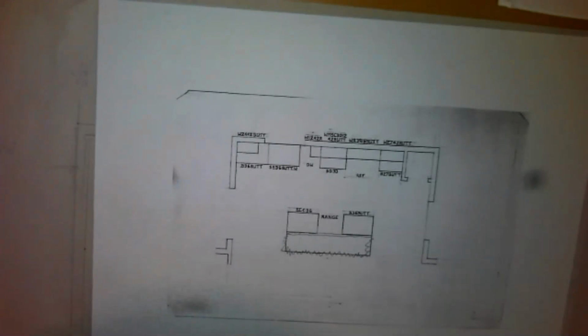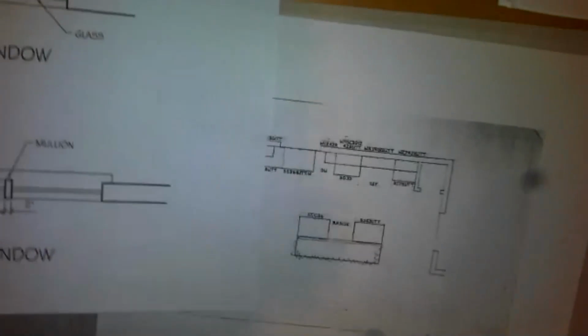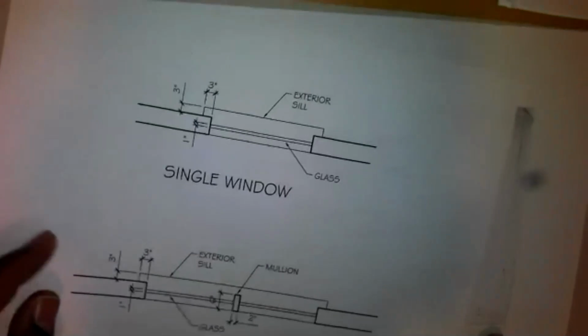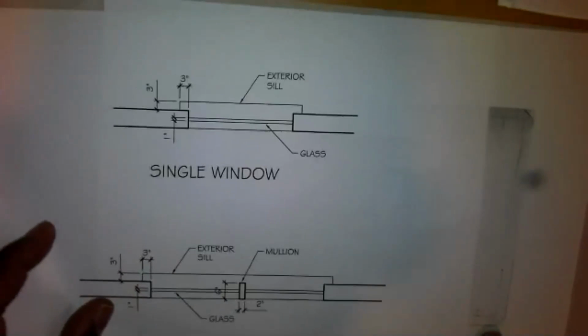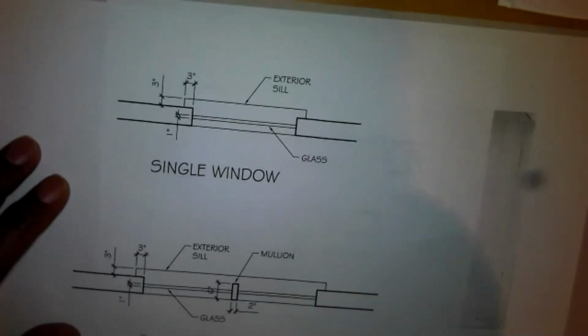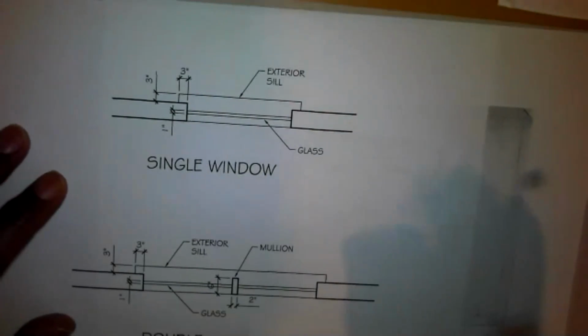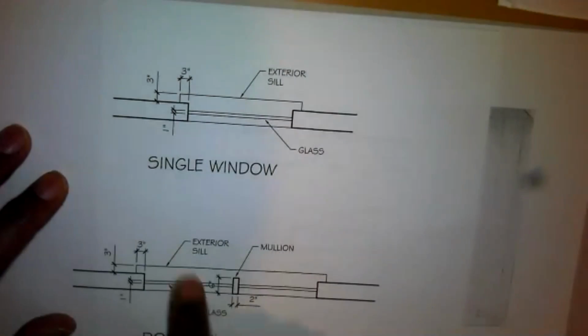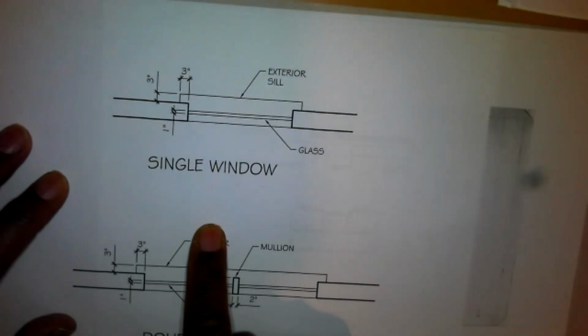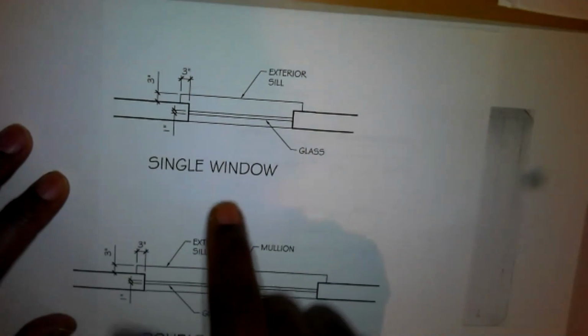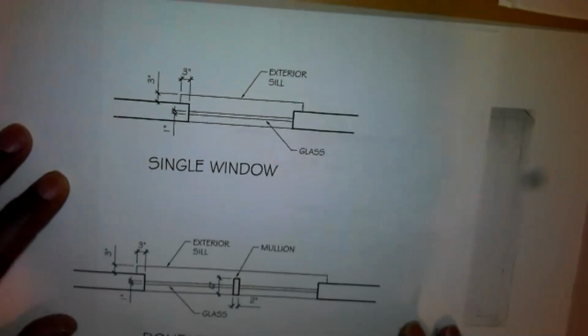If you go to week 7 and 8, and you look at the main module doors and windows, there's a PDF indicating how you show windows in plan.